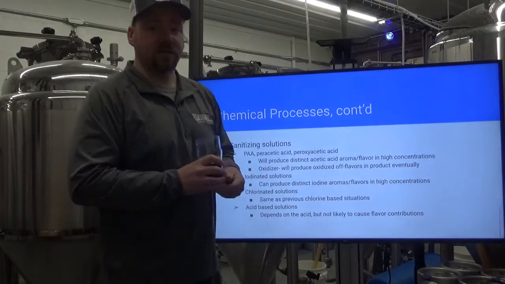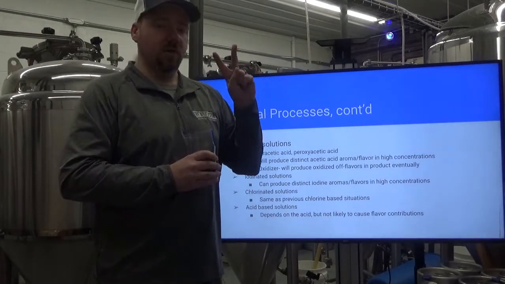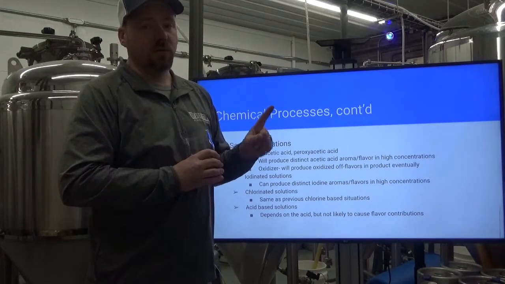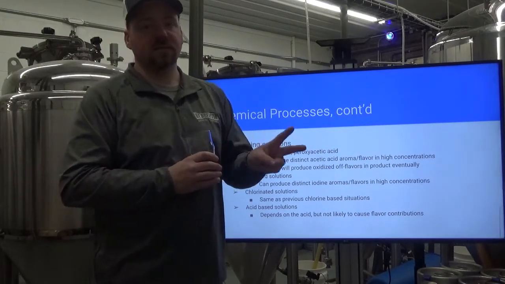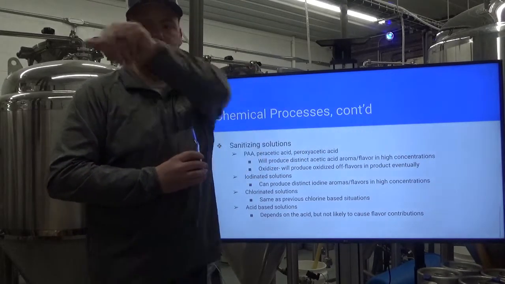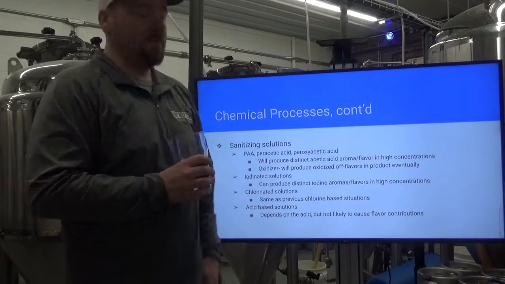It's an effective oxidizer. It works by two methods. First of all, by reducing the pH to a level at which the bacteria cannot grow. Second, by directly oxidizing the cell membrane of the bacteria and killing them through that method.